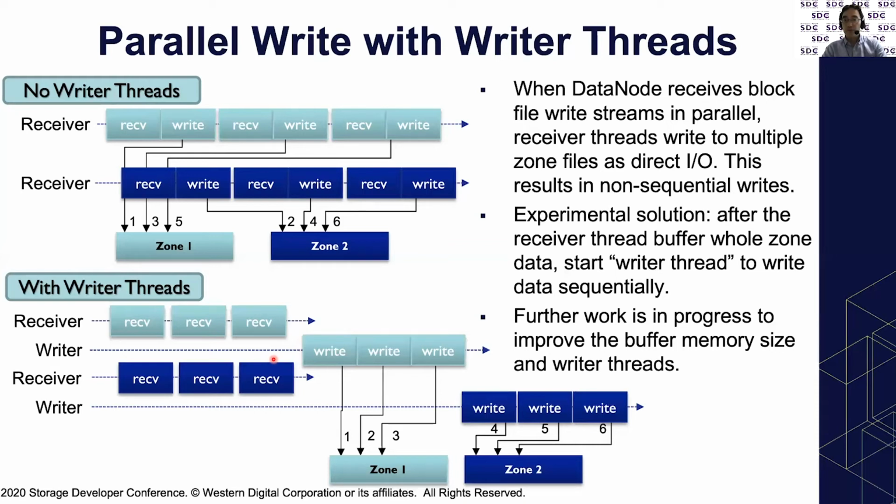With this approach, the writes to these 2 zones are not in parallel. Firstly, zone 1 is written, and then after that, data is written to zone 2. With this approach, the throughput degradation can be avoided.